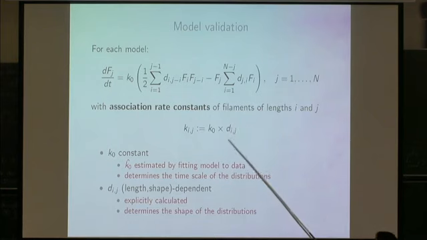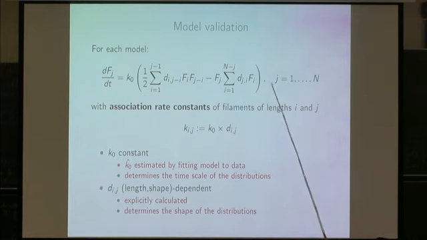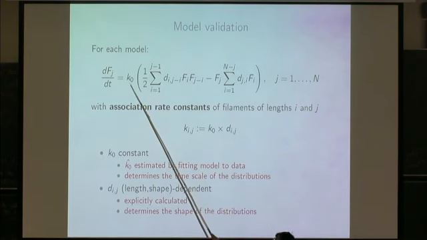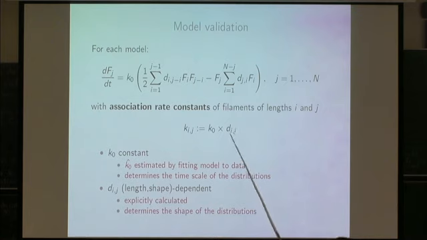And this constant is going to be the same for a given model, the same for all the K_IJ. So finally, what I can do is pull out my K0, and what I will have is this D_IJ that is going to shape my distribution, and this little guy is going to tune how fast I'm going to go.